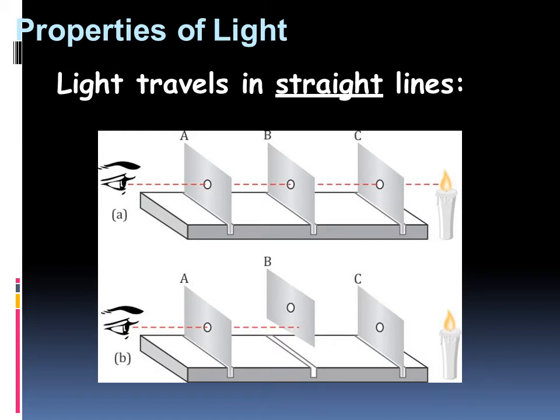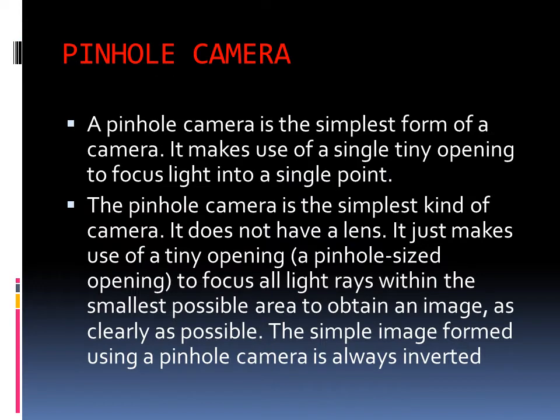We can't see the flame of the candle, because the board that we have moved acts as an opaque object, and it stops the light. This proves that light travels in straight lines.